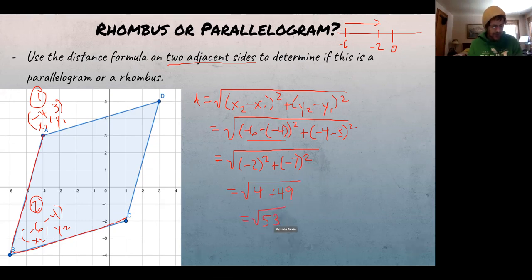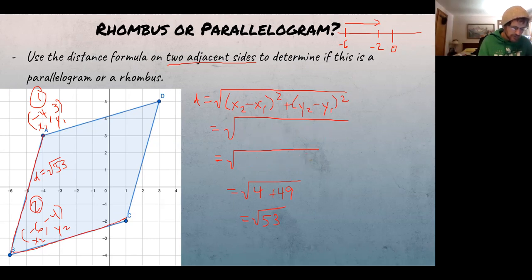And I can look at this and pretty quickly figure out this cannot be simplified. 4, 9, 16, 25, 36, those are all different perfect squares, and I can try them all, but none of them will simplify this down. So I just have to call this, the distance here is square root of 53. All right, so let me not clear everything, but that was the first distance formula we had to do.